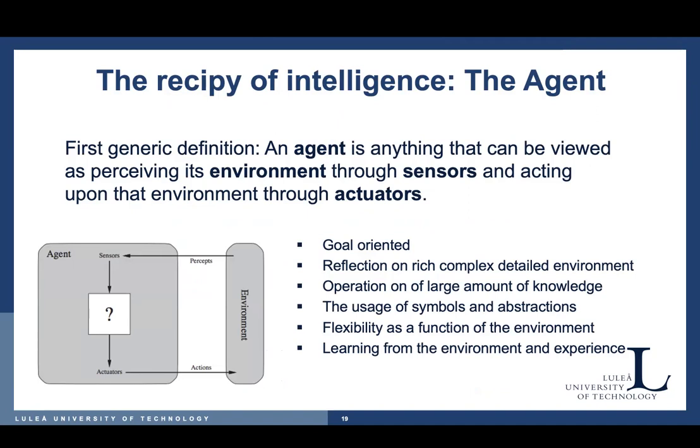Its main property is that it's not an isolated entity or thing. It is placed in a certain context or environment. Environment is a generic term. It can be a physical environment. It can be a virtual environment. But this is something that exists independently of the agent itself.